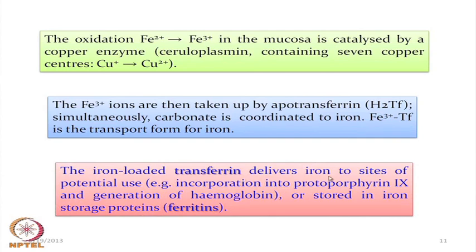The iron-loaded transferrin delivers iron to the sites of potential use, such as for the synthesis of hemoglobin. But if the entire amount of iron is not consumed for hemoglobin production, that means the right amount of protoporphyrin 9 is not available for coordination, then the excess iron will be stored in ferritin molecules, which are the corresponding storage proteins.